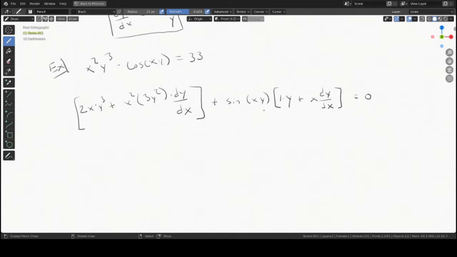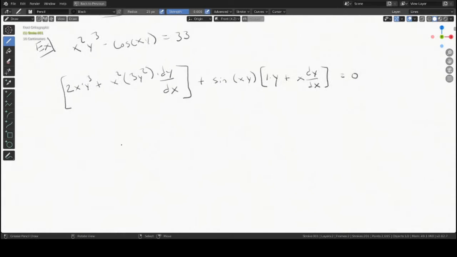Now using this, we can go ahead and solve for dy over dx. Let's factor the dy over dx out. We have 3x squared y squared, and then the dy over dx is plus x sine of xy.